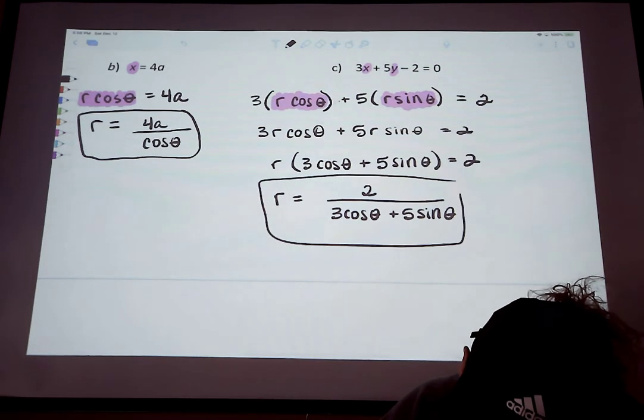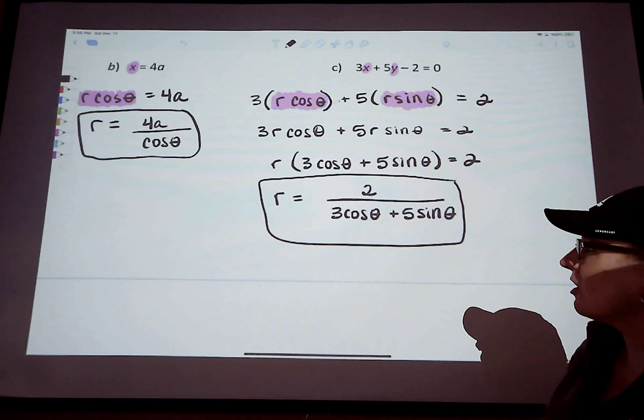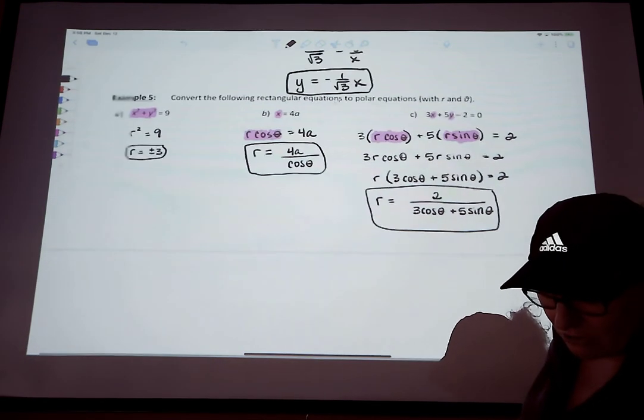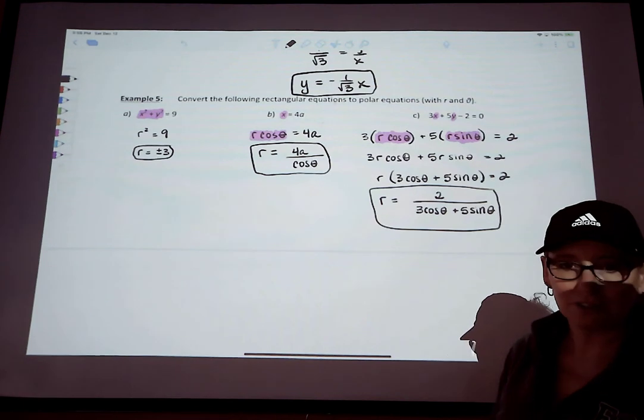There you go. Polar form. Again, in polar form, we typically solve for r. And we have an r and a theta in there. All right, fun stuff. Enjoy.